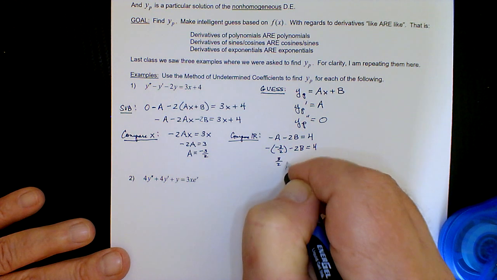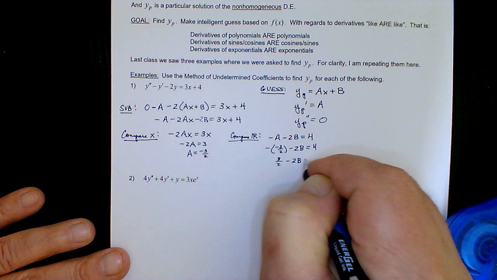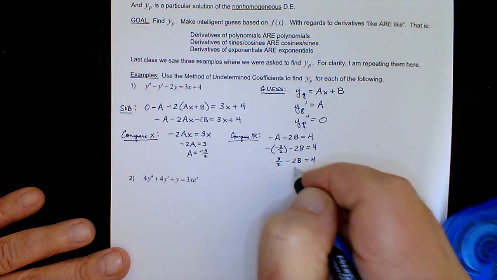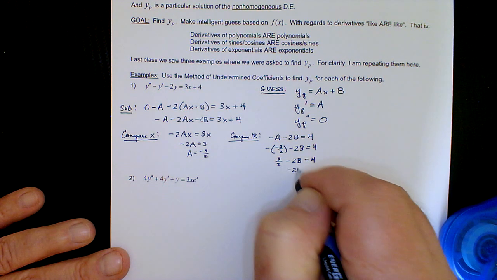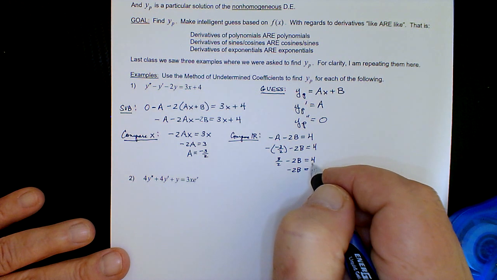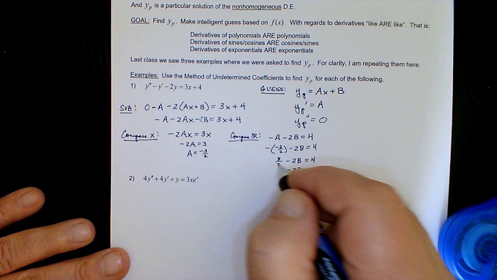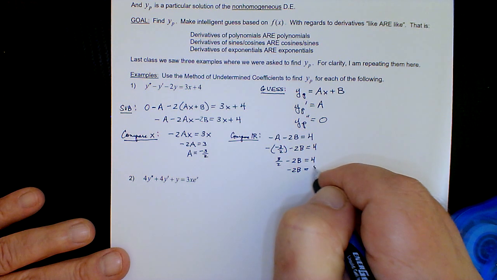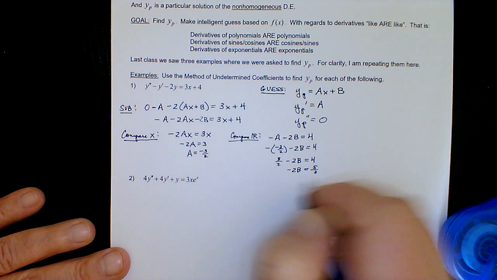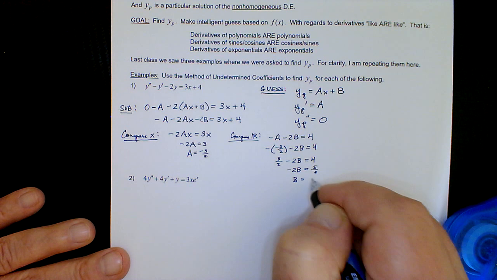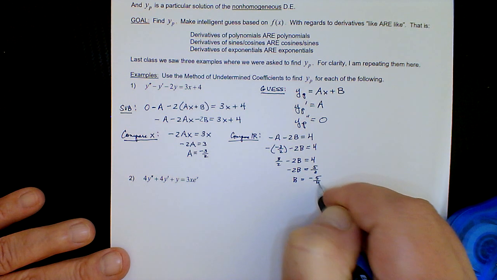So a little arithmetic algebra here. Let's see, and that would give us minus 2b is 4 minus 3 halves, so that's 8 halves, minus 3 halves is 5 halves, so b is negative 5 quarters.